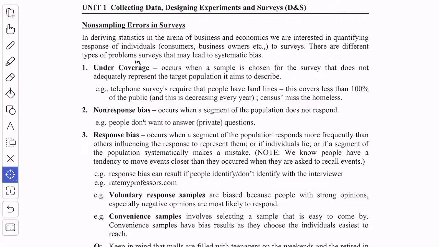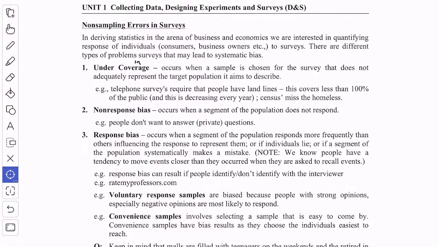Okay, so then there's the two things, non-response and response bias. Non-response bias occurs when a segment of the population does not respond. So if there's undercoverage in a systematic way and you're not getting responses from a certain group, that's a non-response bias.